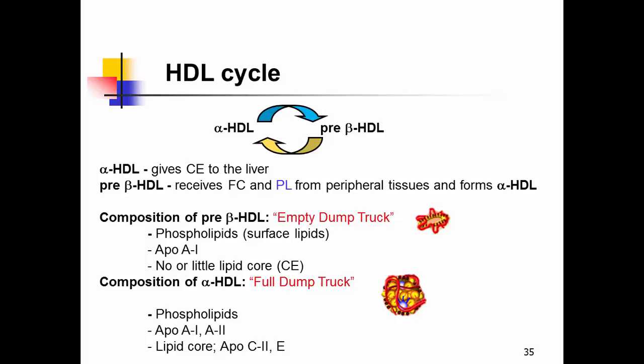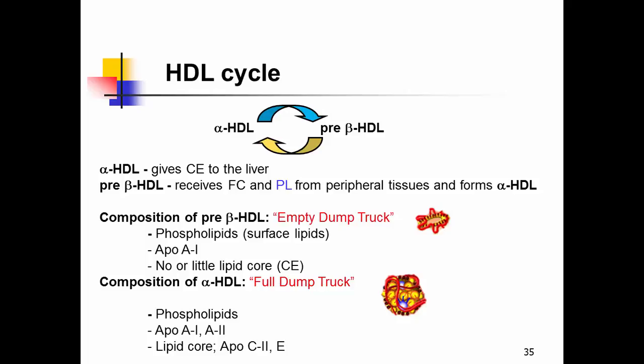That's why people describe this as an empty dump truck. Alpha HDL, you can see here, has lots of cholesterol ester inside the particle, in the core. So alpha HDL is considered a full dump truck.